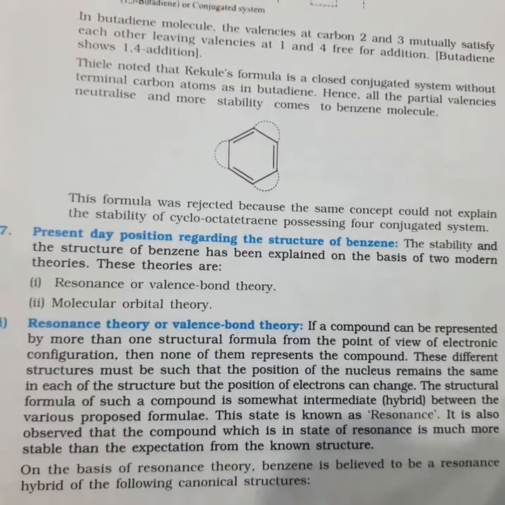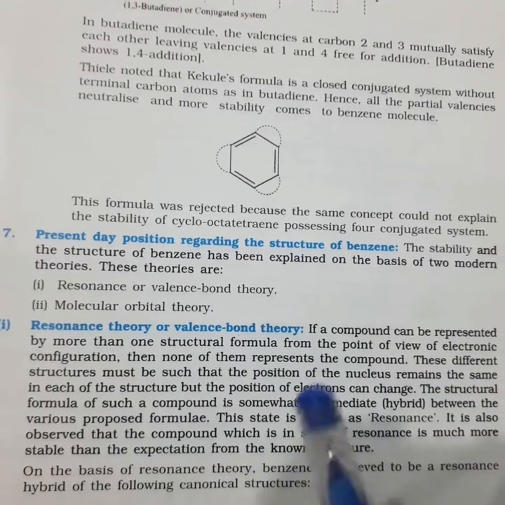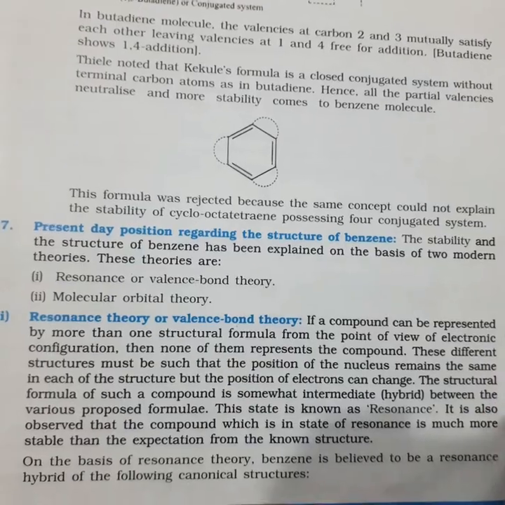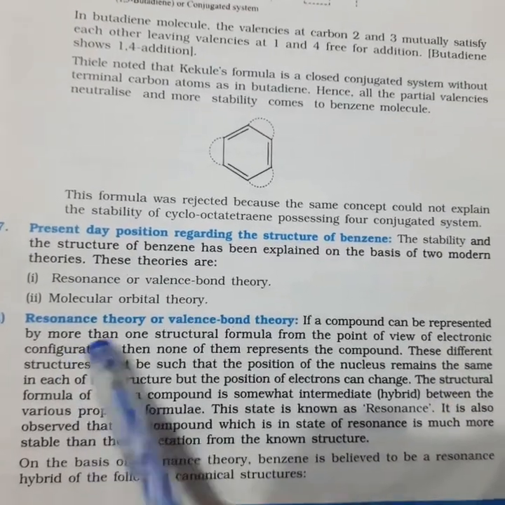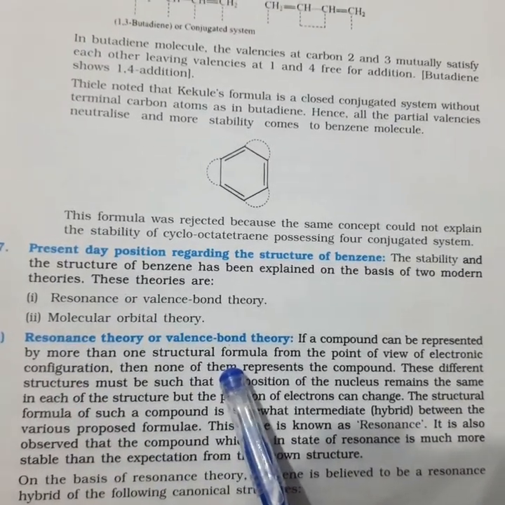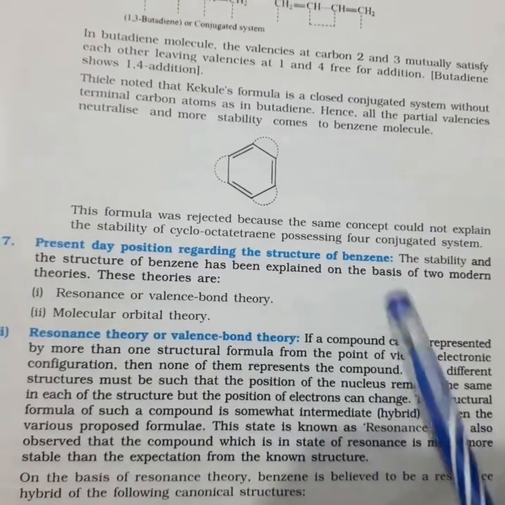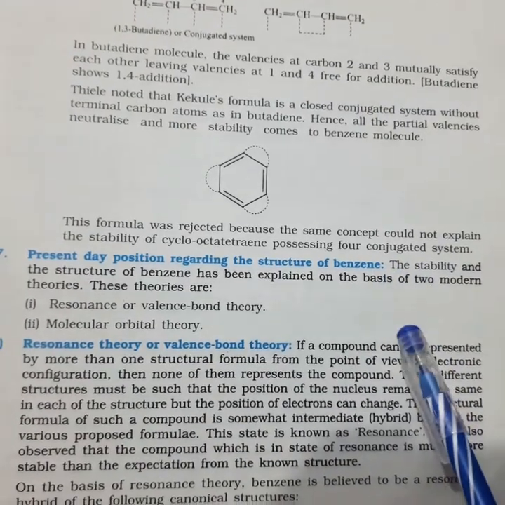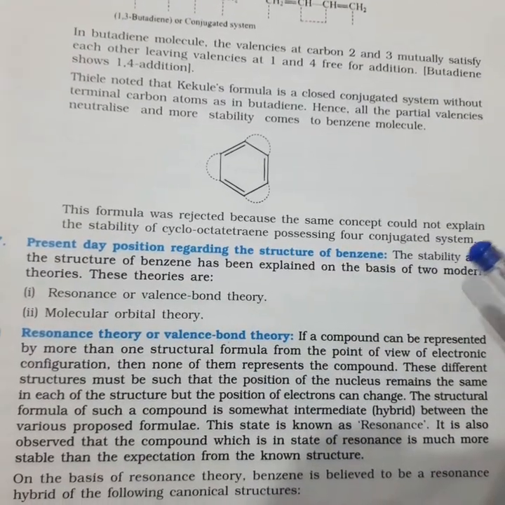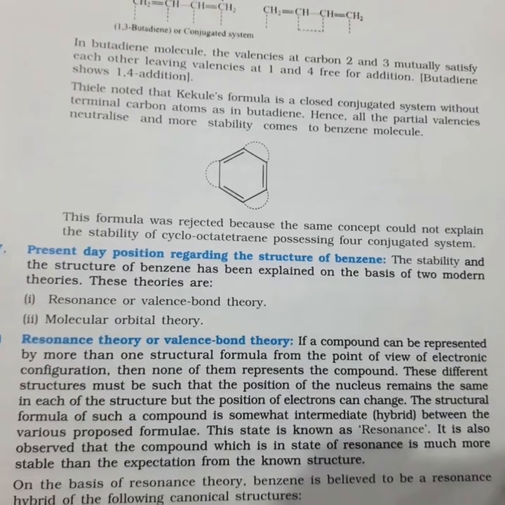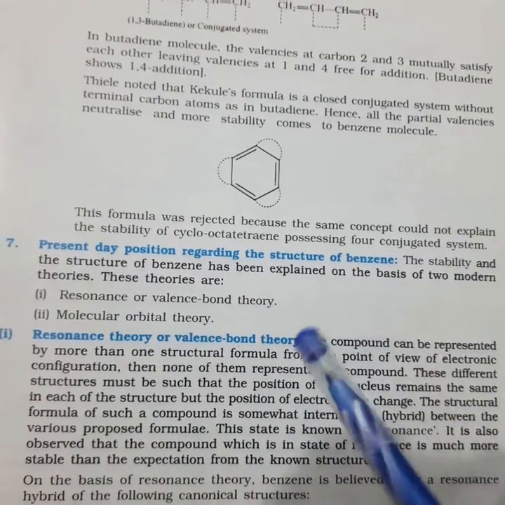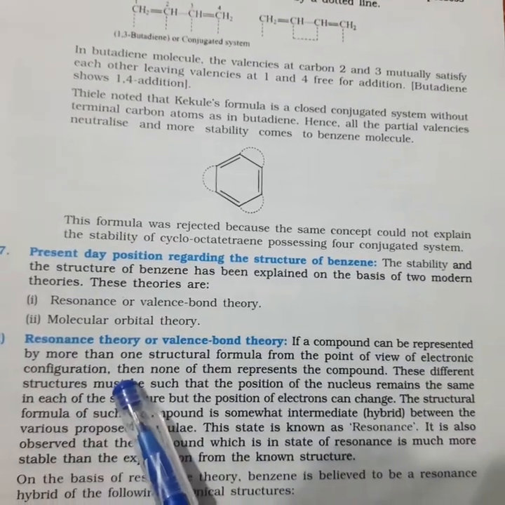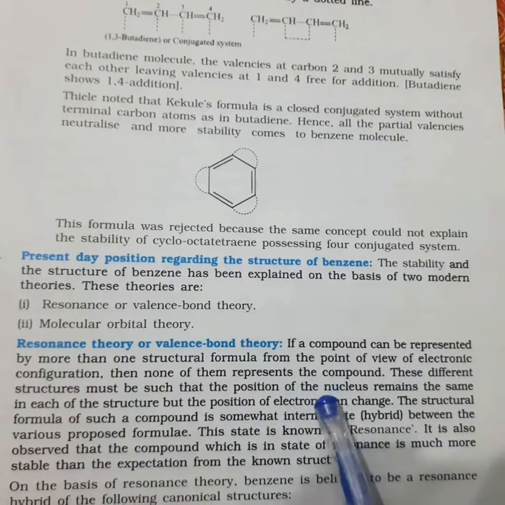Here, if we take a compound A, and it is possible to represent that compound A in more than one structural formula in view of electronic configuration, then none of them represents the compound.